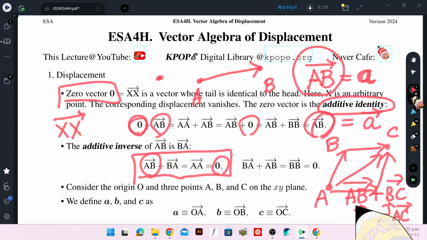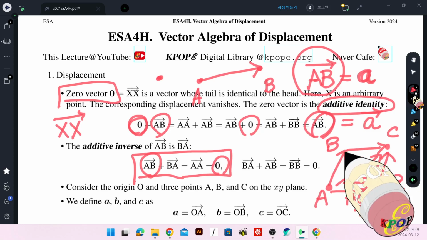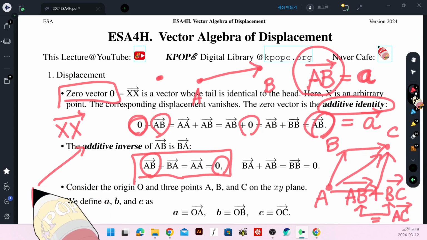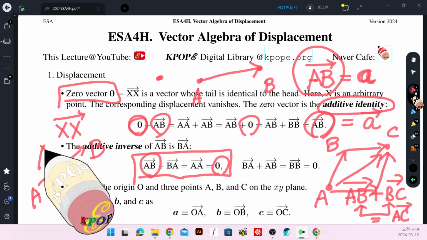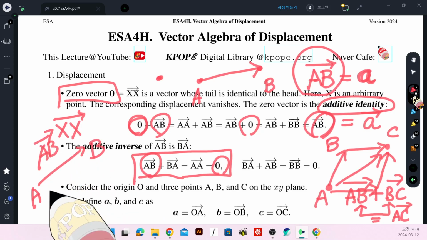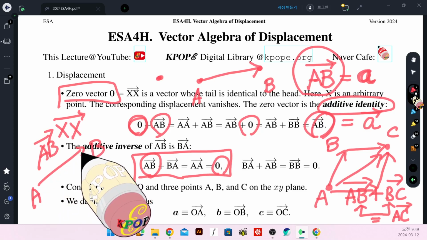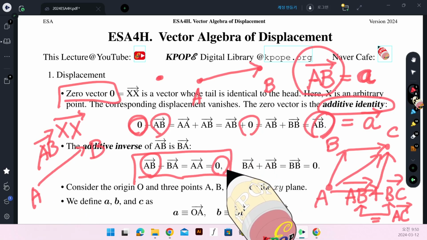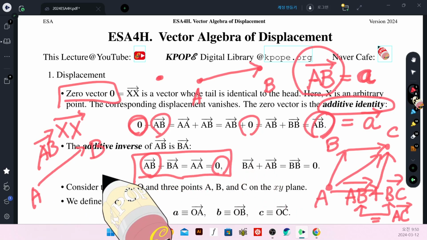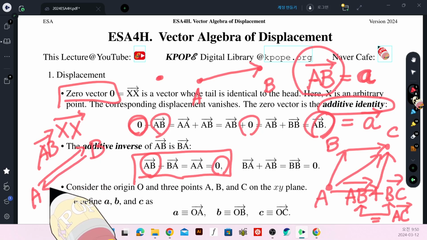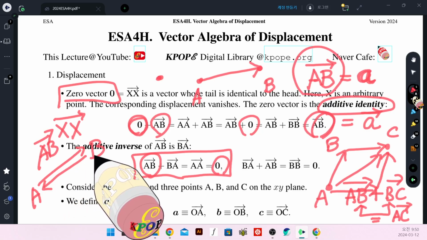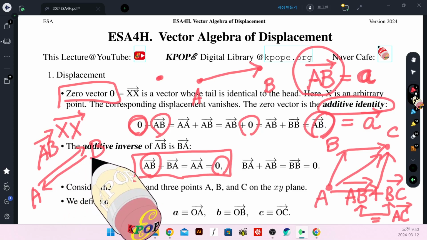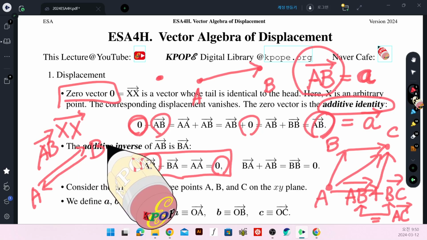Because we know how to add two vectors, I have a single vector from A to B, and I'd like to cancel this to find the zero vector by adding a vector that has the same magnitude and the opposite direction. Magnitude means the length.